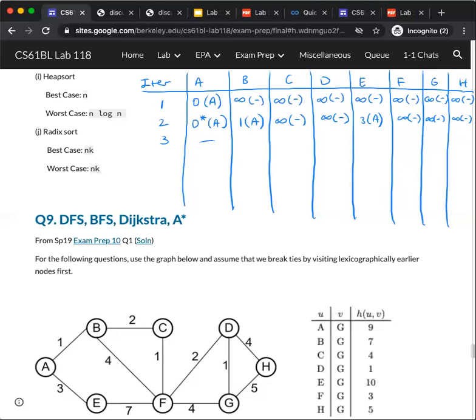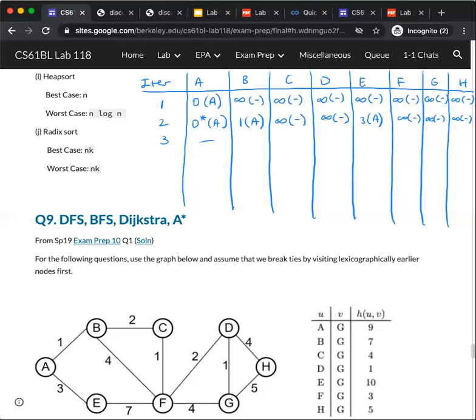It's the shortest path distance, whatever is in front of these parentheses. I forgot to mention that the parentheses denote the predecessor, and the number in front of the parentheses denotes the shortest path distance so far. So the node with the lowest priority value has the highest priority. In fact, it's going to be the first one popped off from the queue.